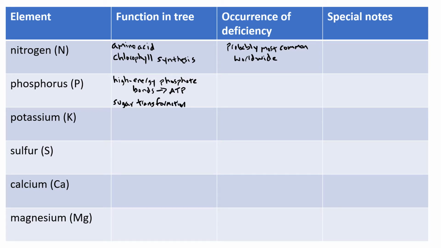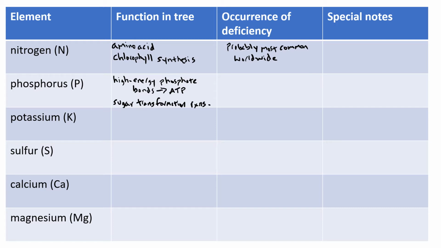Ribulose bisphosphate is a phosphorylated 5-carbon sugar, and it must be phosphorylated to be transformed in the first step of the Calvin cycle. So phosphorus is important for that reason.